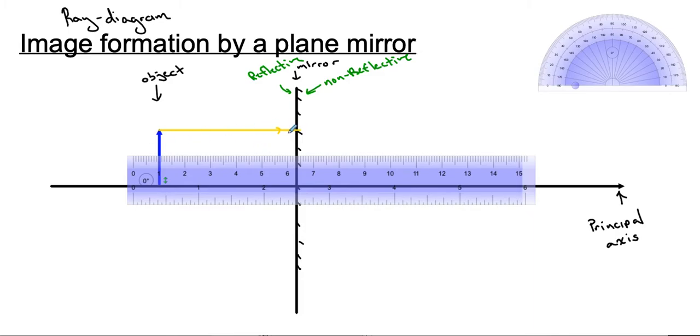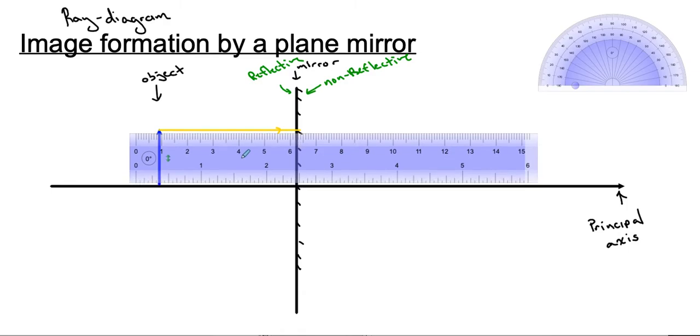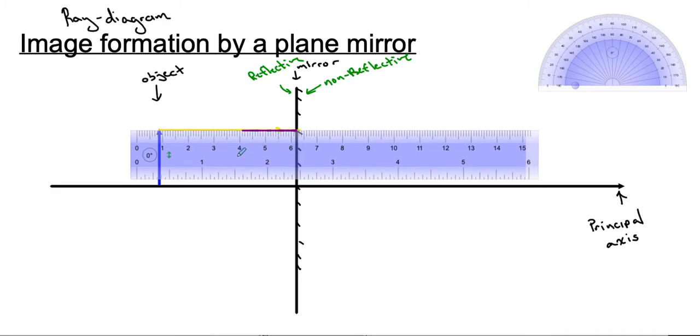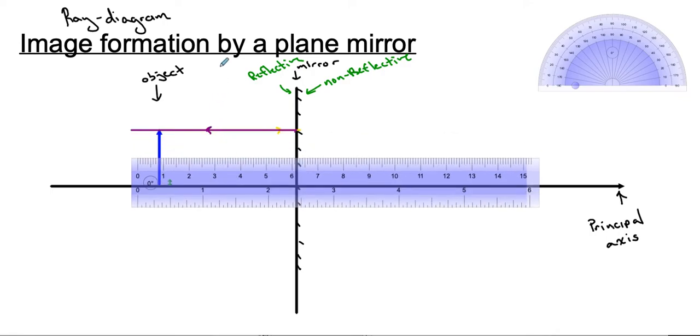Well, we know the rule of reflection: it bounces off at the same angle it came in at. And so our reflected ray, we'll use pink for this, is going to come back exactly the same direction. I'll call this reflected ray 1.